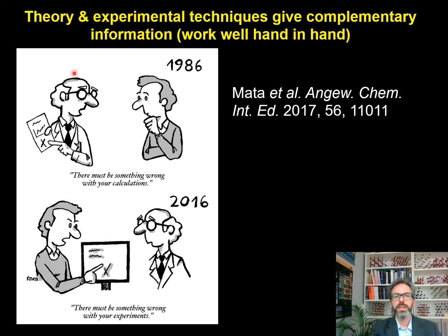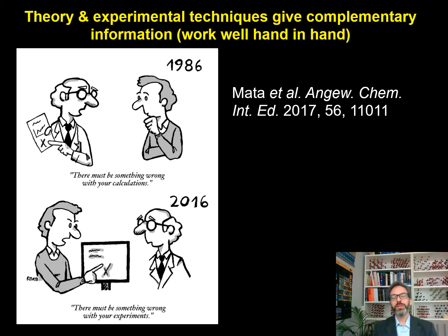So the experimentalist would go to the theoretician and say, your calculations disagree with our experimental results, therefore your theories are wrong. Today we have a more balanced relationship between theory and experiment, and often it can go the other way. So the theoretician would go to the experimentalist and say, your results disagree with our very accurate calculations, so go and check your experimental results again.